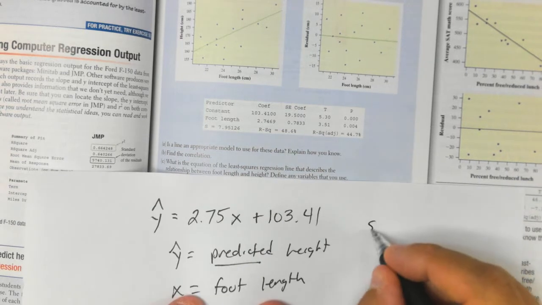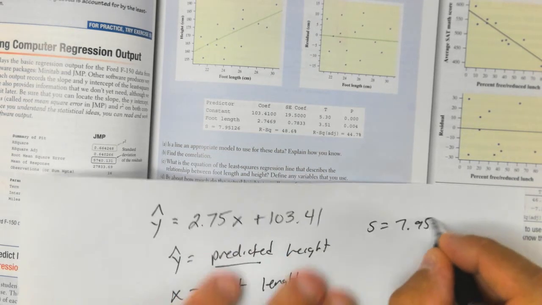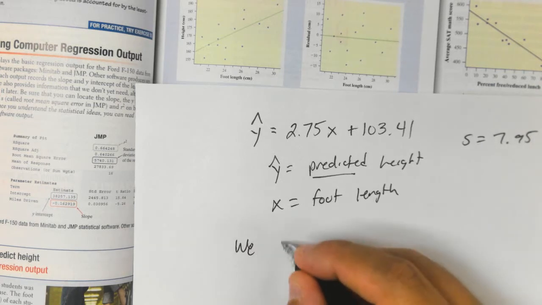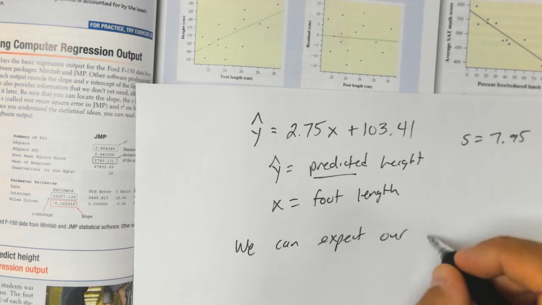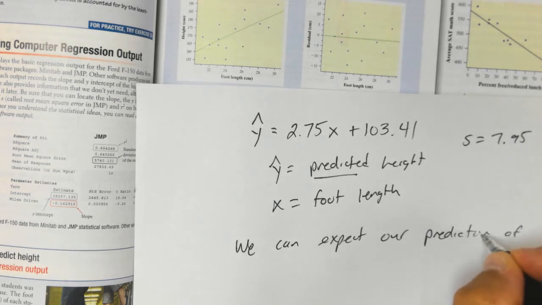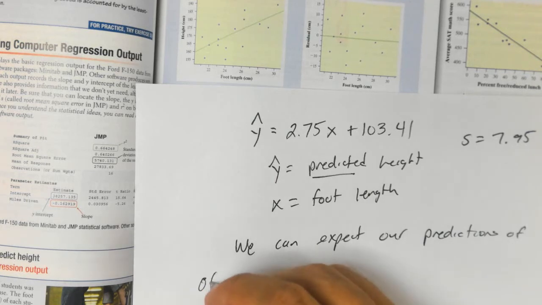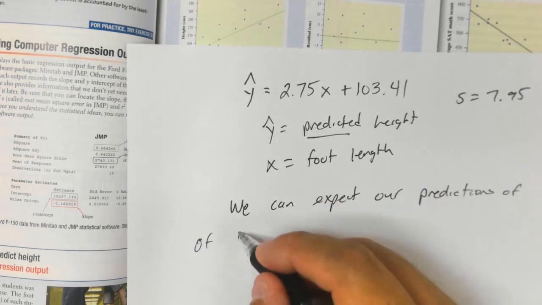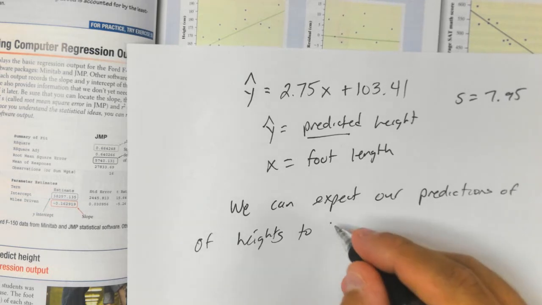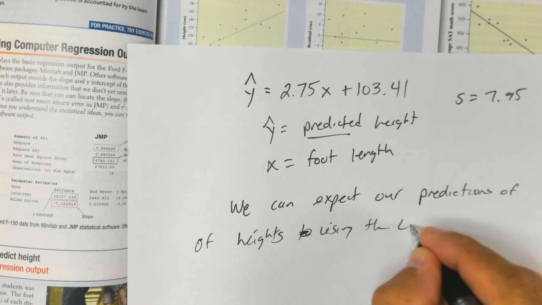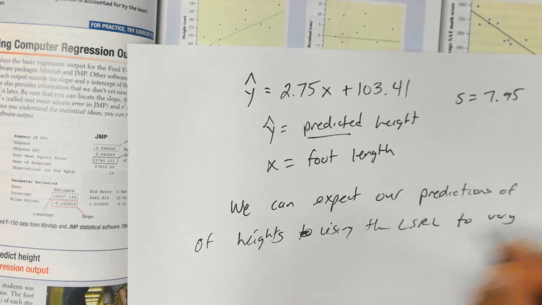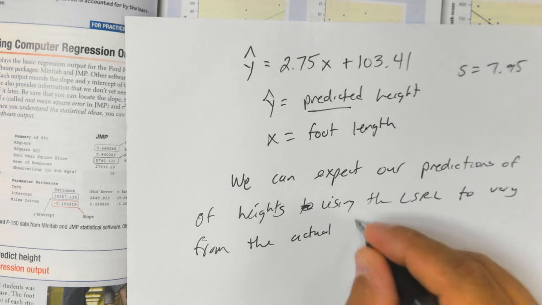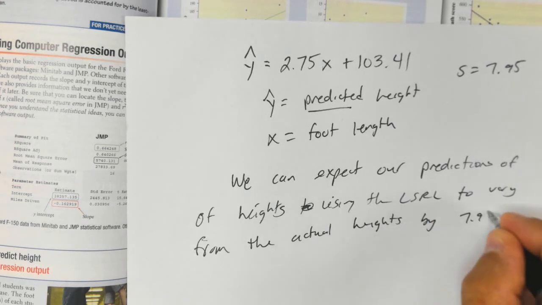But down here, the s, if we wanted to interpret the s, we'd say something like this: we can expect our predictions of heights using the least squares regression line to vary, meaning be different, either positive or negative, from the actual heights by 7.95.